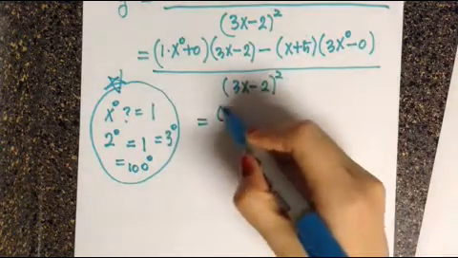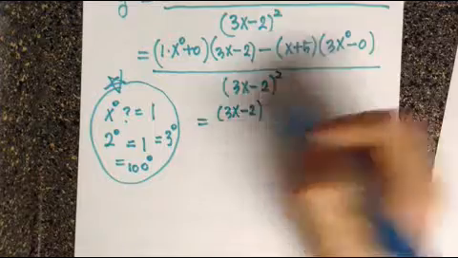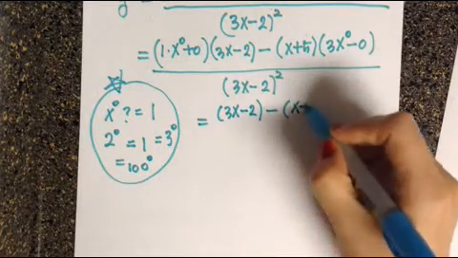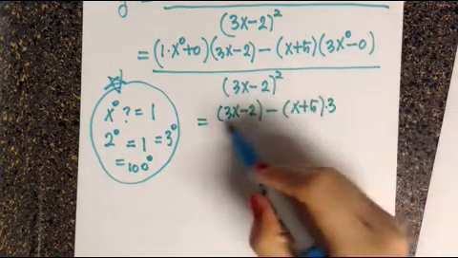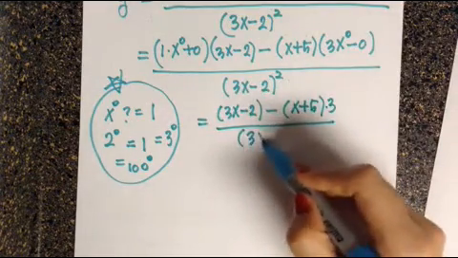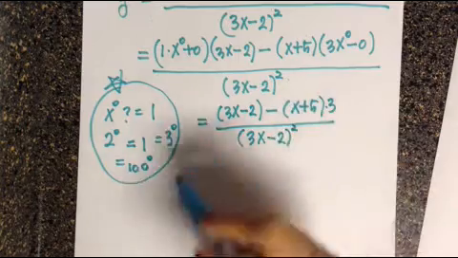Then it's going to be 3x minus 2 minus x plus 5 times 3, over 3x minus 2 squared.